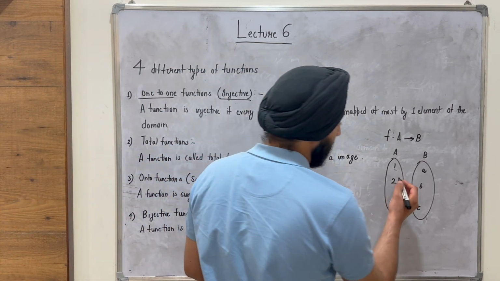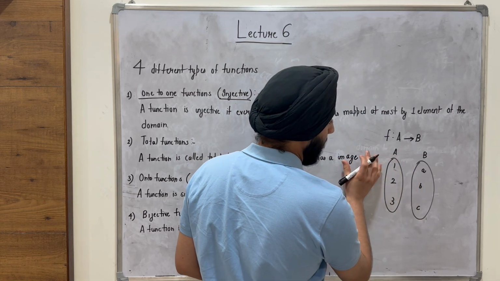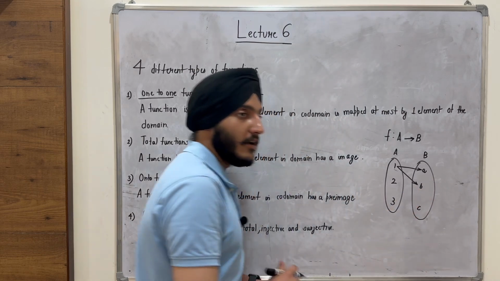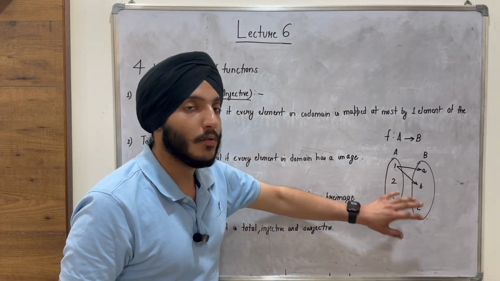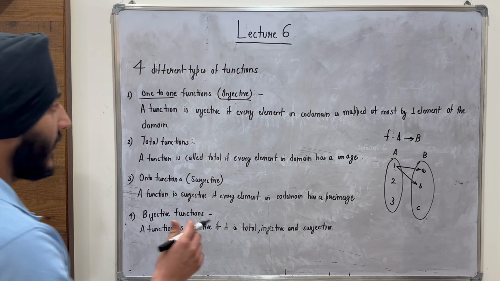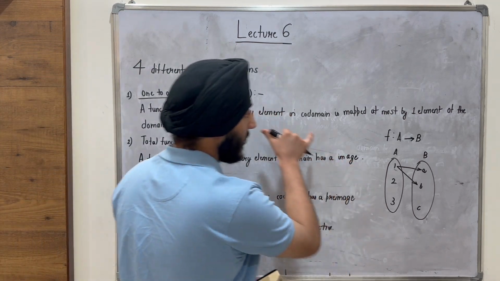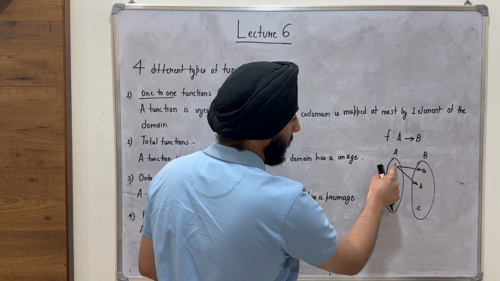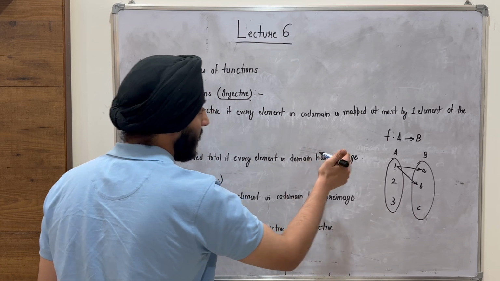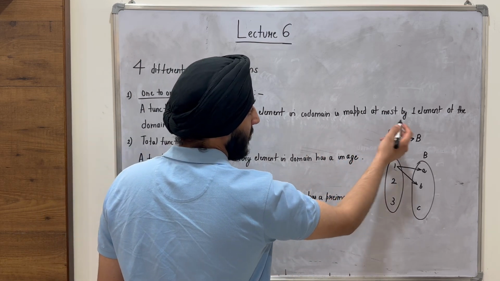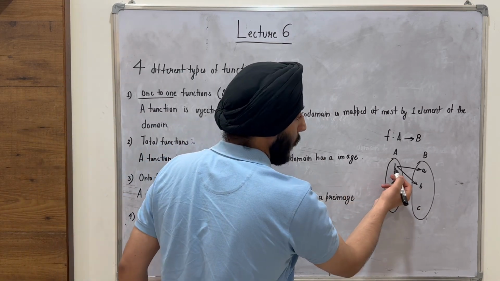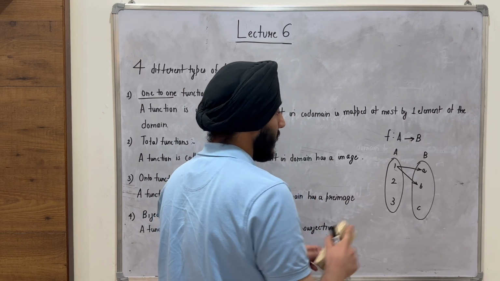Now that basic understanding is, if I have an element from A, which is the domain, and it points to multiple elements in the codomain, then the clear answer is that it is not going to be a function, right? That's the basic idea about it.